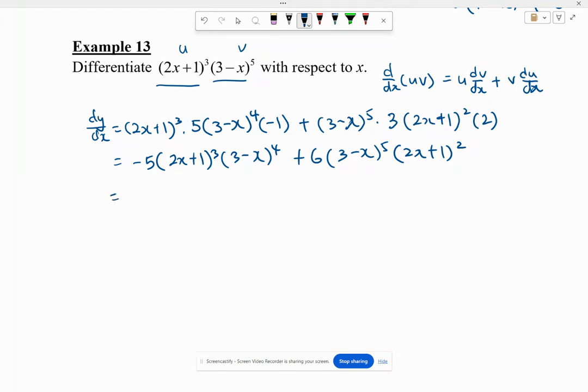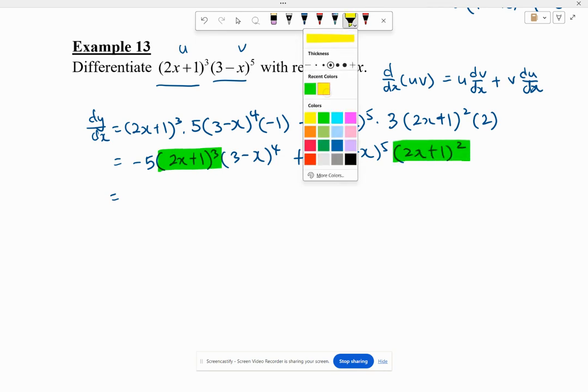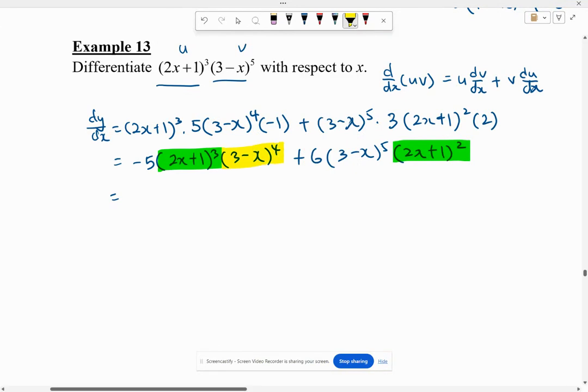So right now, we will have to look for the common factor, which we want to extract, and likewise the 3 minus x power 4, 3 minus x power 5. So the first one, the lower power one, 2x plus 1 square.